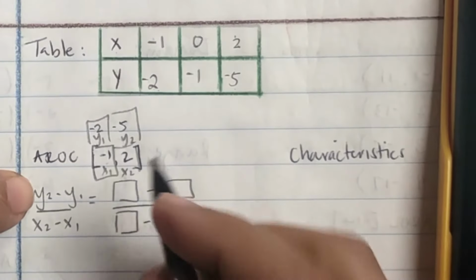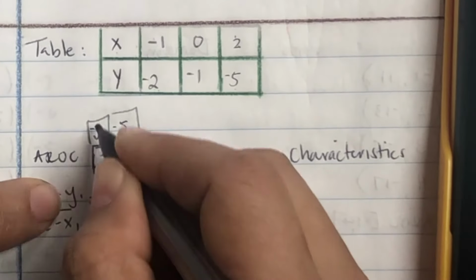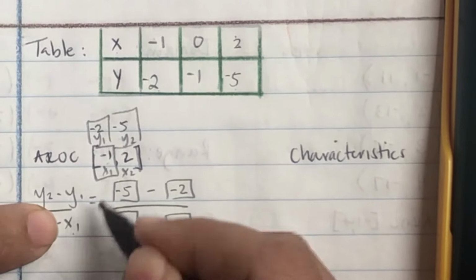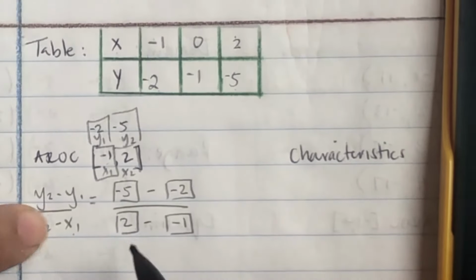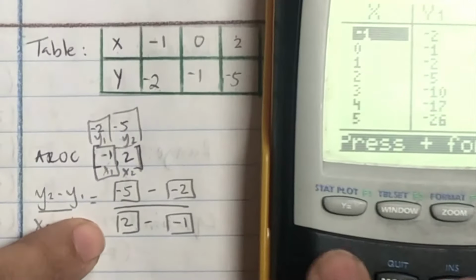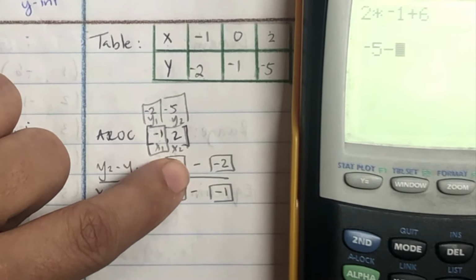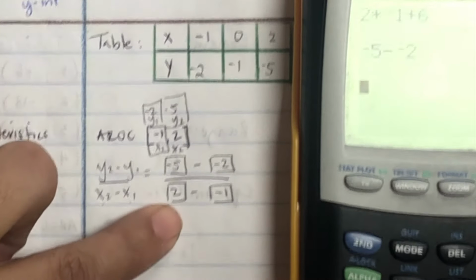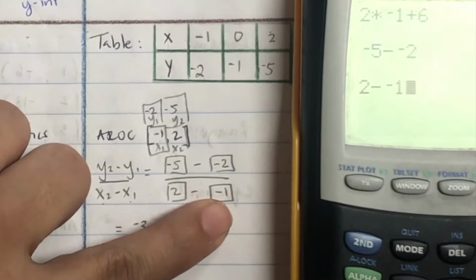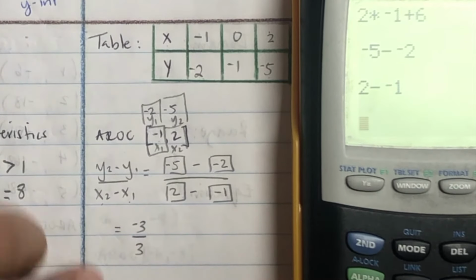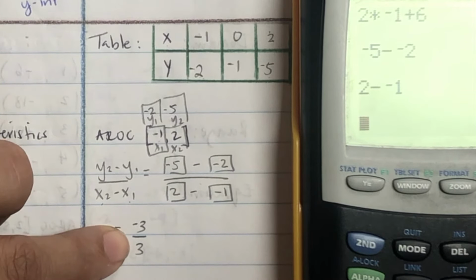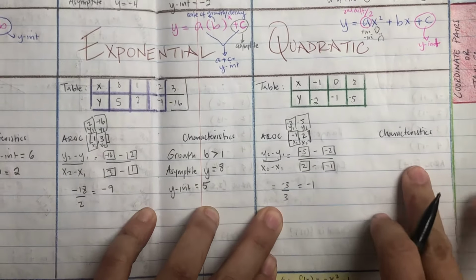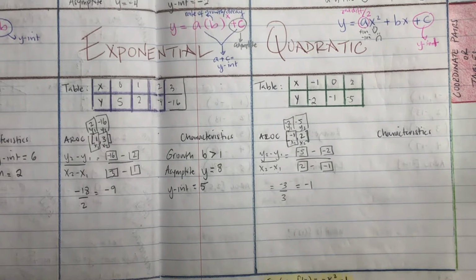So y2, y1, x2, x1. Okay, put that as you see it in the calculator. -5 minus -2, over 2 minus -1. Put that whole thing in the calculator. -3 divided by 3.